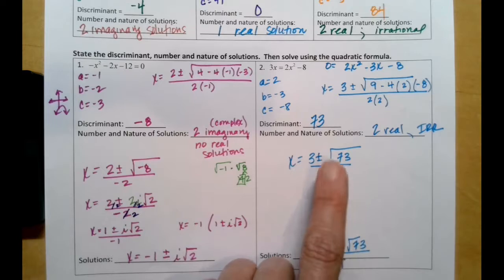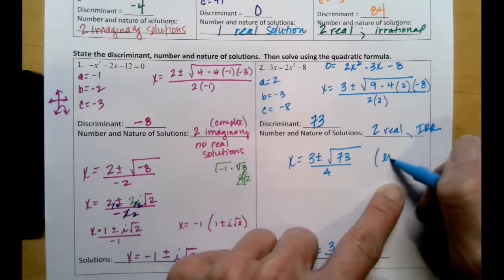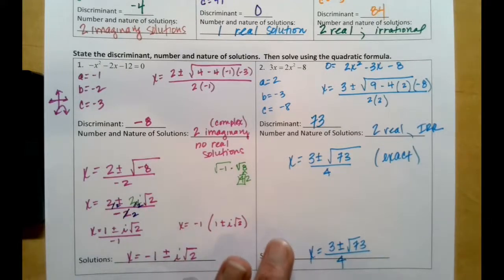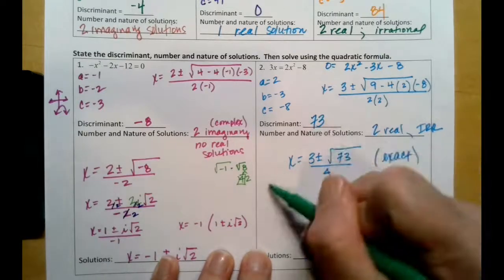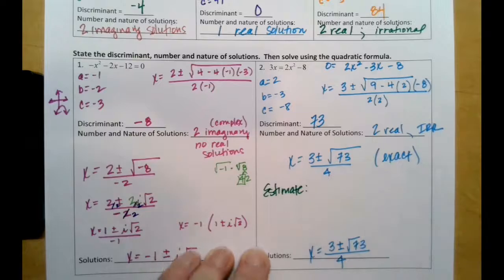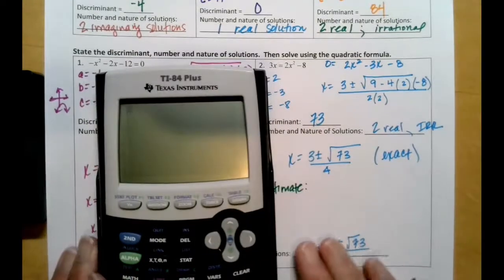Some people end up liking the quadratic formula because the exact answers sometimes cannot be simplified. Now, somebody asks you to estimate your answers to 2 decimal places. What I need to do is get my calculator back involved.